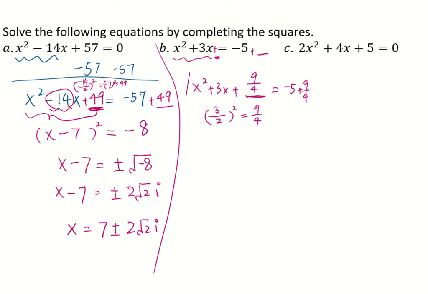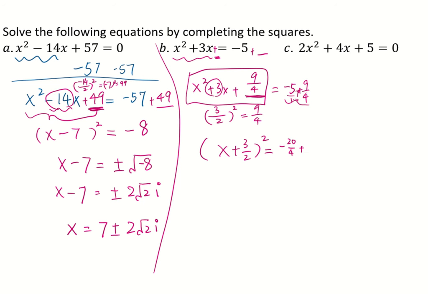so that these three terms become (x + something) squared, right? It's x what squared? It's always the 3 divided by 2. So (x + 3/2) squared equals, these two terms add up together, negative 5 turning into a fraction with a denominator of 4 will be negative 20 over 4, if you multiply the top and the bottom by 4.